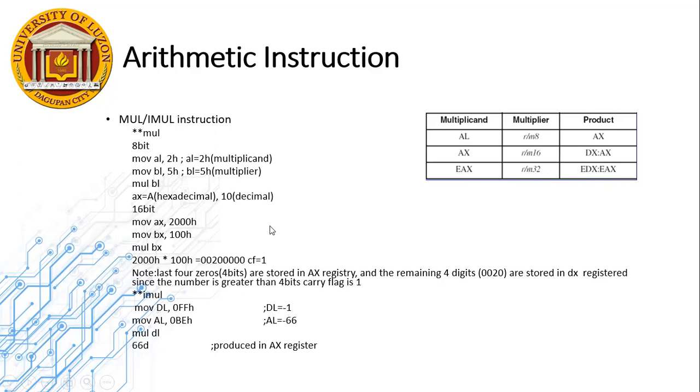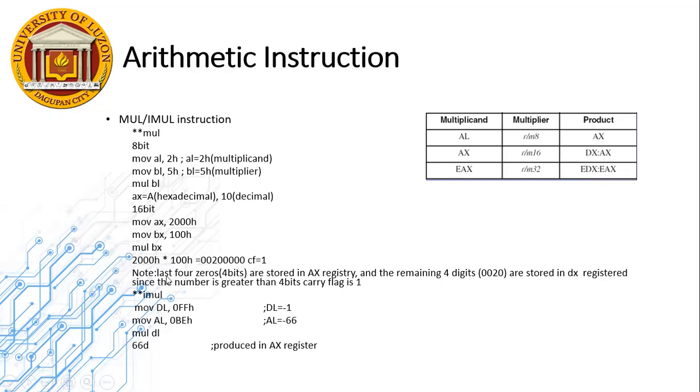So for 16-bit, I have assigned a 2000 hexadecimal value to the 16-bit accumulator register and assigned a 100 hexadecimal to the base 16-bit register and performed the instruction. I have used MUL and multiplied BX to AX. So the product would be 200,000 with the carry flag equal to 1.